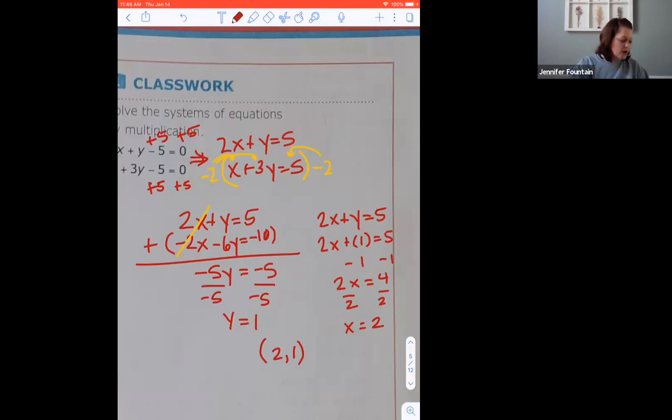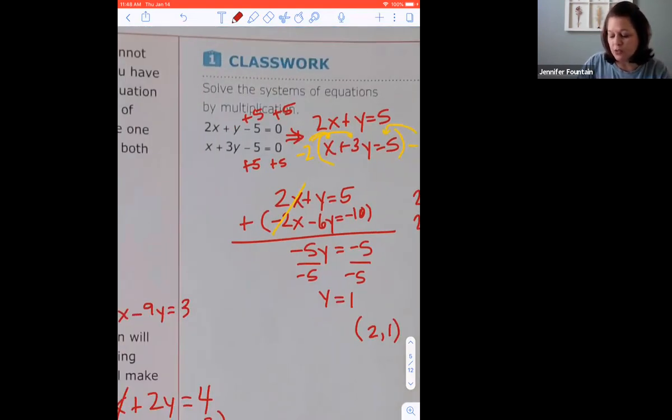Now, Zoe, like you were asking about why did I multiply by -2? Let's look and see if I would have just multiplied that by 2, then I would end up having 2x plus y equals 5 and 2x plus 6y equals 10.